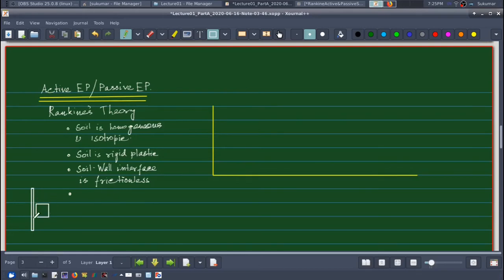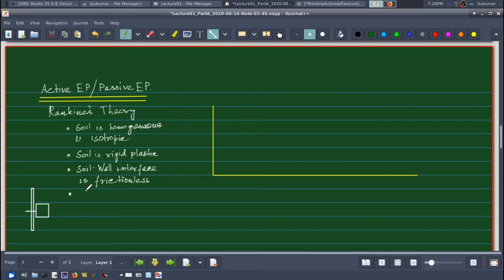Because there is no friction in between, this plane doesn't carry any shear stress, and so any stress will be only normal stress. That means there is no shear stress, only normal stress, so it will be a principal stress. That's why he assumed that the soil-wall interface is frictionless.